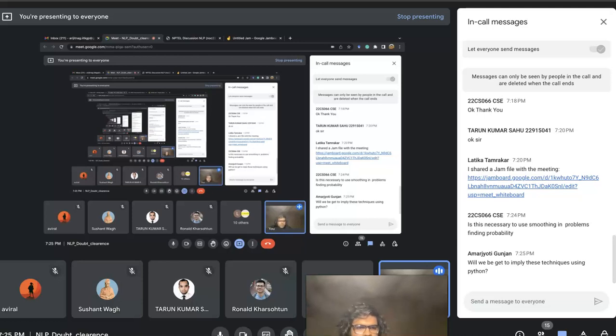So will we get to implement this technique using Python? I'm not sure. I think they will give you some kind of Jupyter notebook where you can practice and get your hands dirty with the problems.